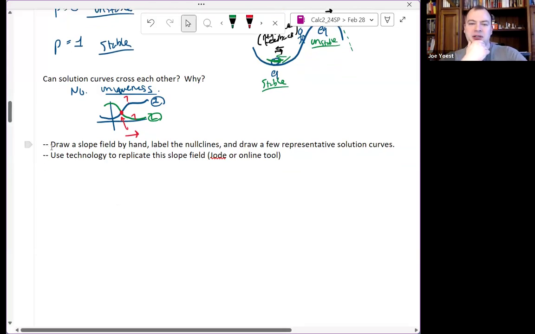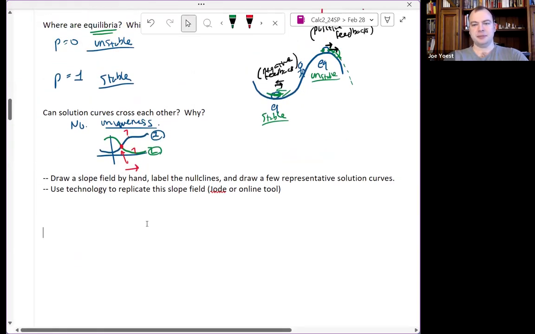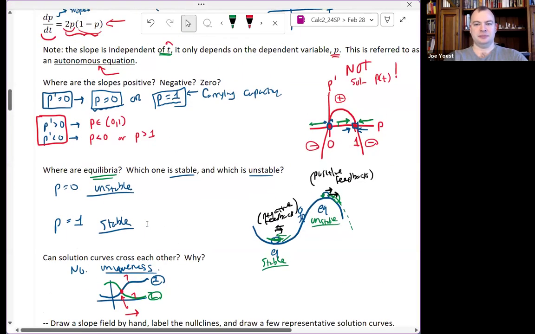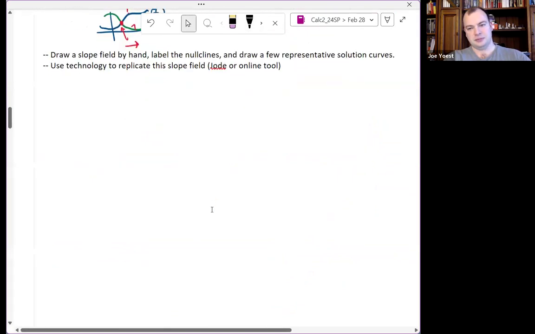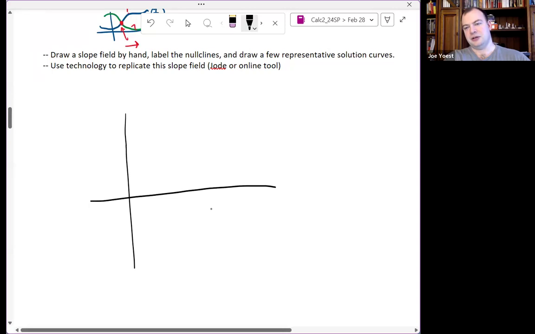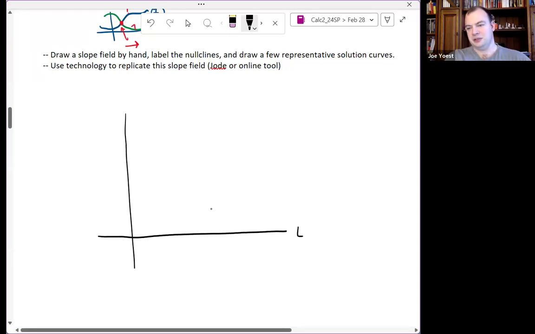Okay, so now let's try to draw a slope field by hand. I'm going to be leaning heavily for this problem on the fact that there's no explicit dependence on t. I'm going to focus on t bigger than 0, and mostly on p bigger than 0.